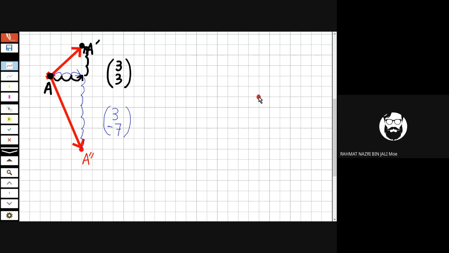Okay, dan satu lagi saya buat B. Okay, titik image B sebelah kiri sekarang. Okay, ini ialah vektor. Jadi untuk determine the metric translation ataupun the movement of point B, we refer to the movement to the left. 1, 2, 3, 4, 5.